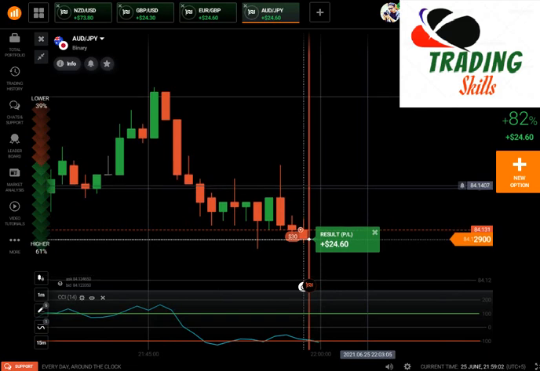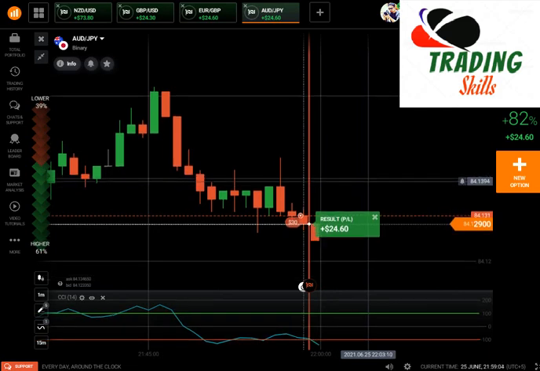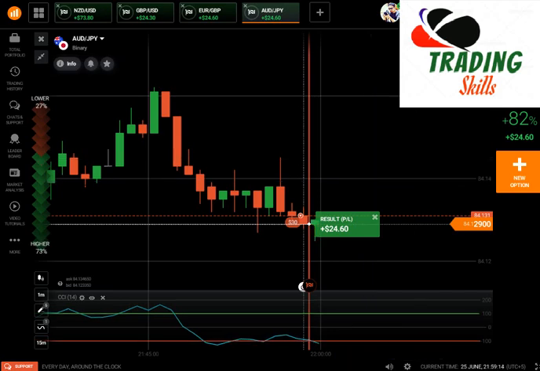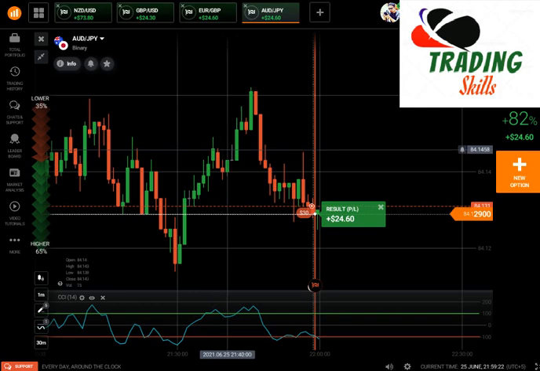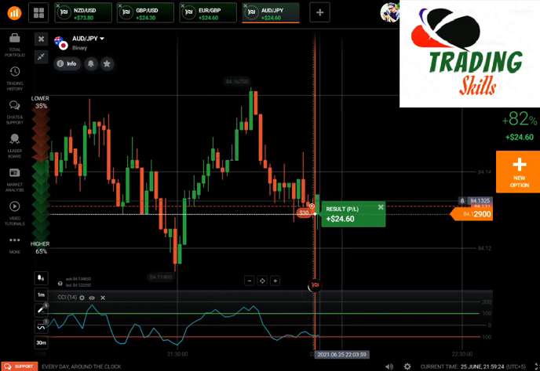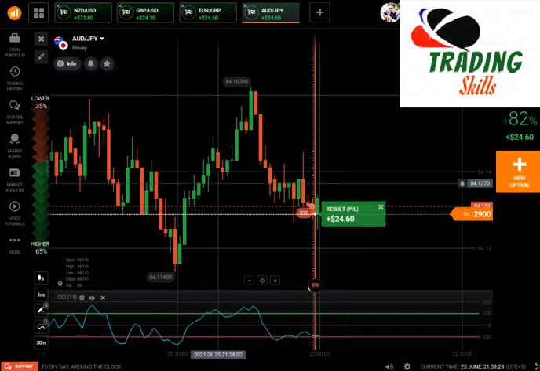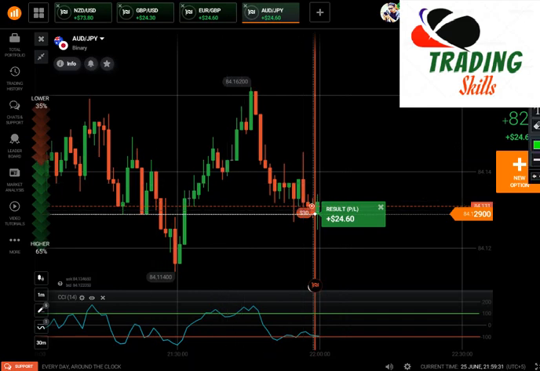So no one can say that this is luck. This is pure analysis which I am doing. It is a pure analysis. So therefore you can see I won my trade, and now you can see again market is going up because of the level, because of the buyer's entry. You can see here.